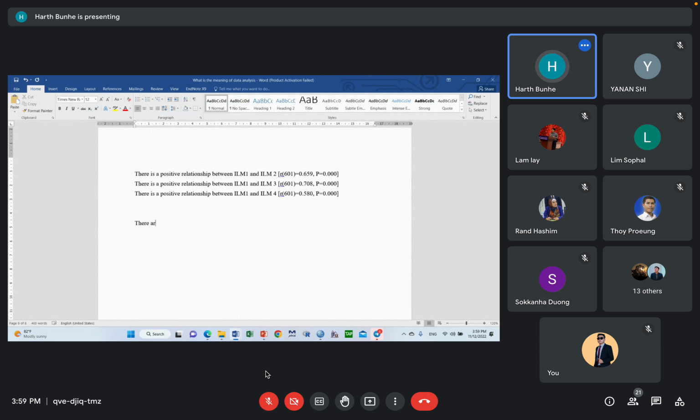There are positive relationships between ILM1, ILM2, ILM3, ILM4, ILM5, and ELM1.